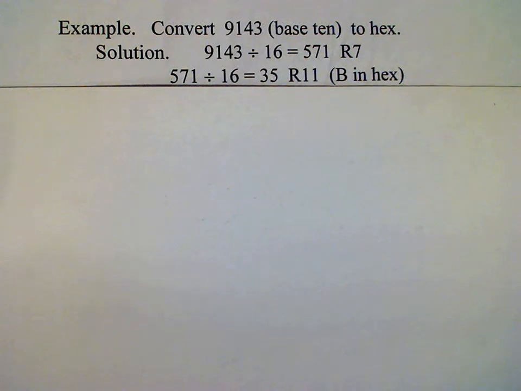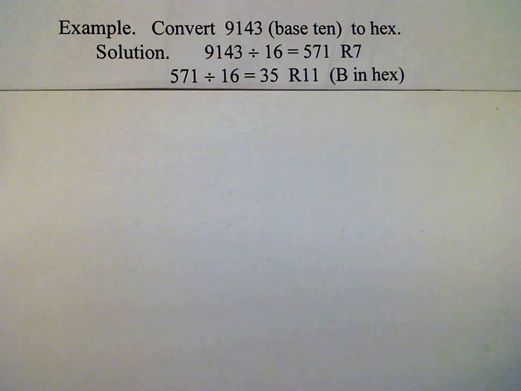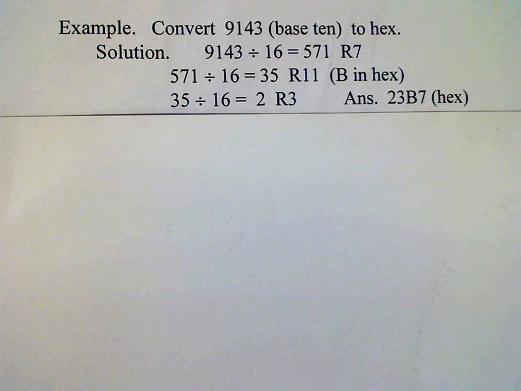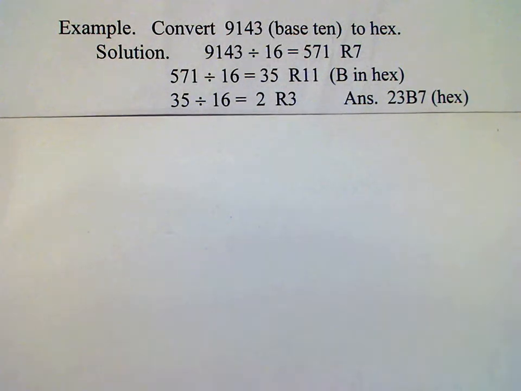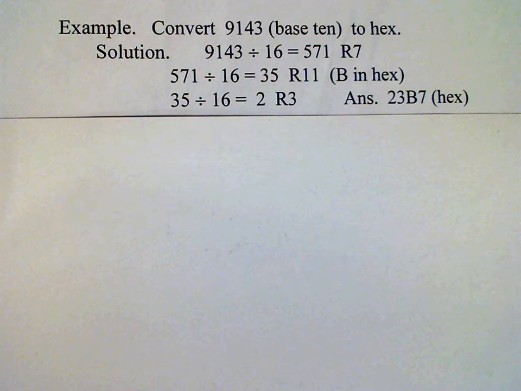And remember, 11 is going to be represented in hex by B. And then we divide 35 by 16 and we get 2 with remainder 3. So this is the end of the process because the quotient is less than 16, and so our hex representation is going to be 23B7.